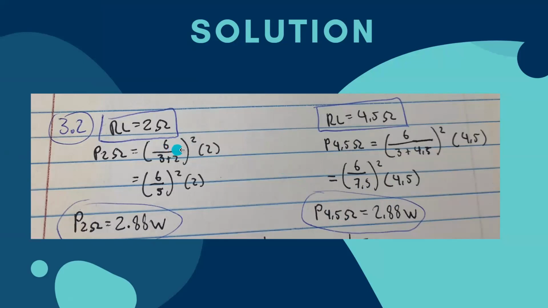We find the power for the two given scenarios, which gives us that both resistors offer the same heat and power, which is 2.88 watts. This means it makes no difference which of the two resistors we use, because they have the same amount of power, that is 2.88.